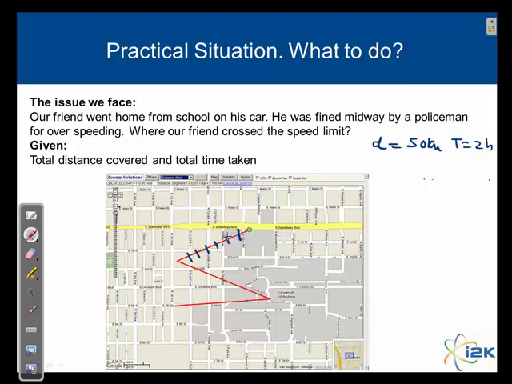And the moment you do, you will come across one particular region, say this region, where you will see that the average speed for this small interval is greater than 80 km per hour. And naturally, you can say this is the region where he has oversped.